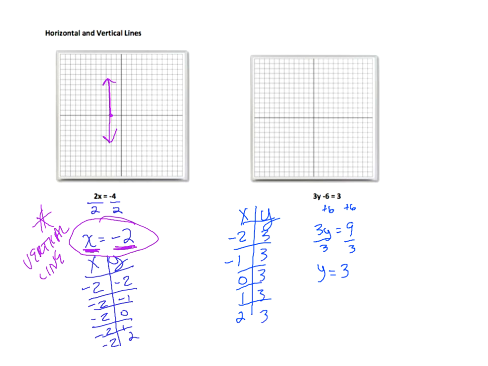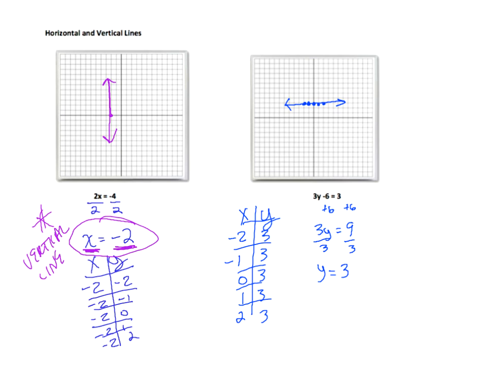So y is always going to be 3 in that case. If I plot these points, (-2, 3), (-1, 3), (0, 3), (1, 3), (2, 3). You can see you get a horizontal line. Okay. Quickie way of graphing this.